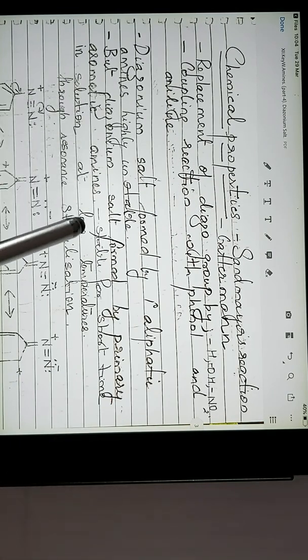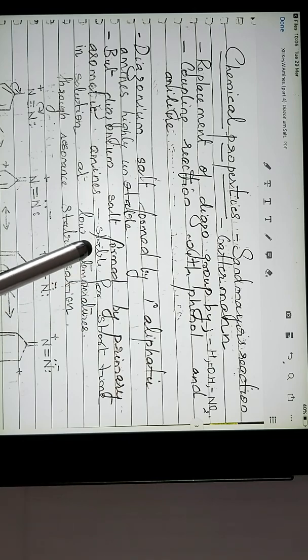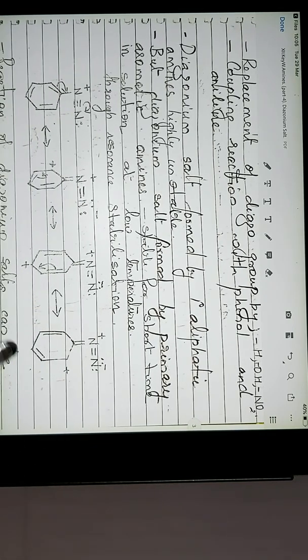But the diazonium salts formed by primary aromatic amines, which we were mentioning here, are stable. Now, we already said they start decomposing when we try to crystallize them, but still they are stable, and the stability of these compounds can be explained with the help of their resonance structures. This diazonium salt can have four different resonance structures.